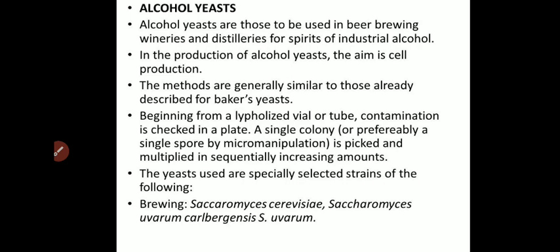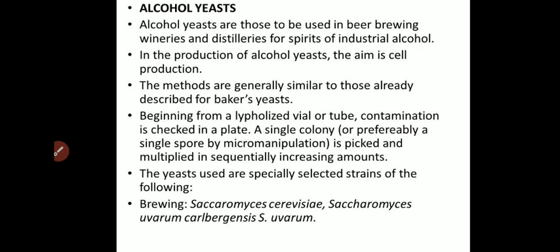And this process starts with the lyophilized culture. Basically, we have some yeast cells which are stored in freeze dried, or lyophilized, conditions. Such culture is taken and inoculated on plates.